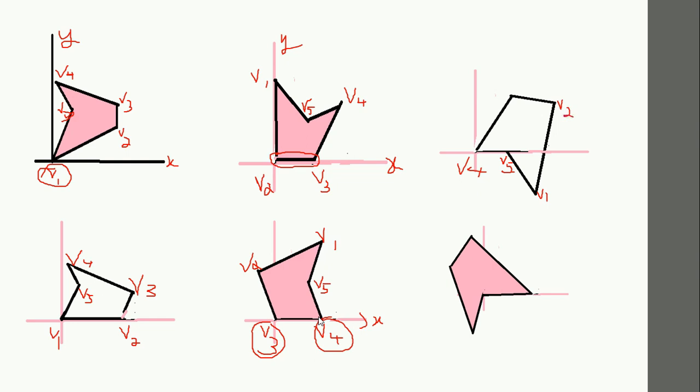So here v1, v2, v3. Suppose I have placed v4 on the origin. Since I have placed v4 on the origin, I am going to place v5 also on the x-axis. So automatically v1 is placed below the x-axis.